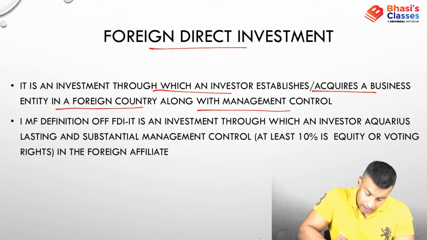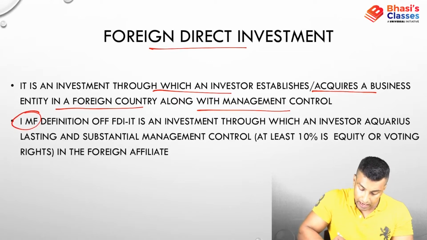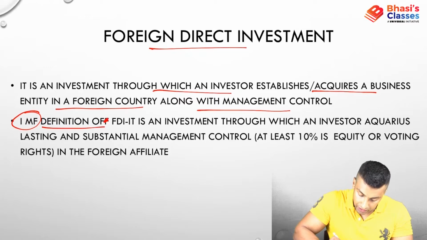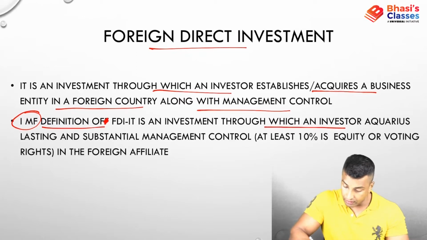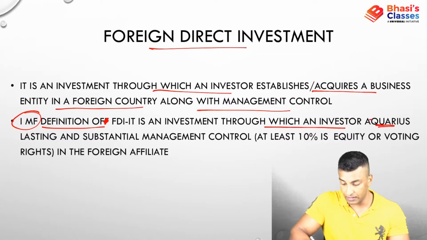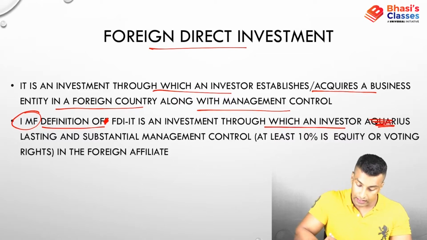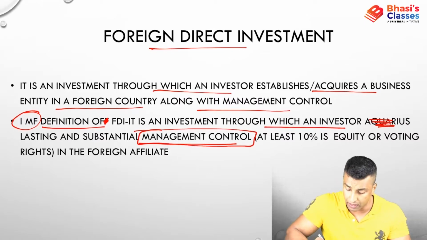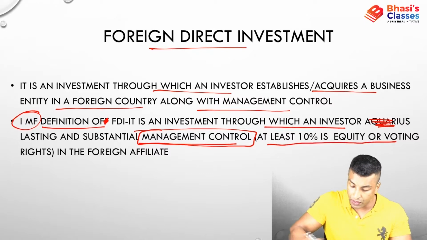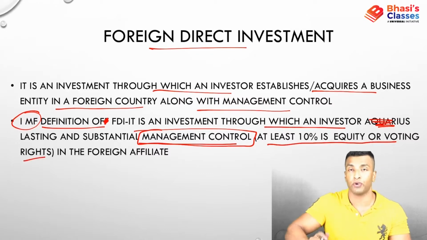Now you can see here, this is the IMF definition of FDI. It is an investment through which an investor acquires lasting and substantial management control. This is a keyword here, management control. Management control means, as specified here, at least 10% of equity or voting rights in the foreign affiliate.